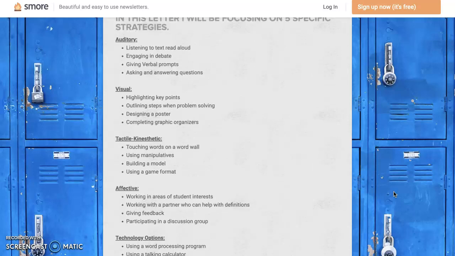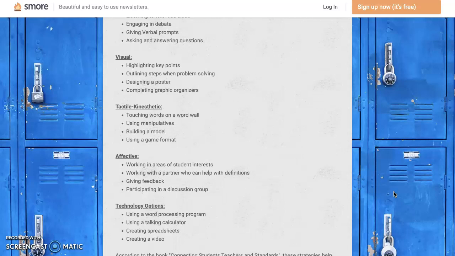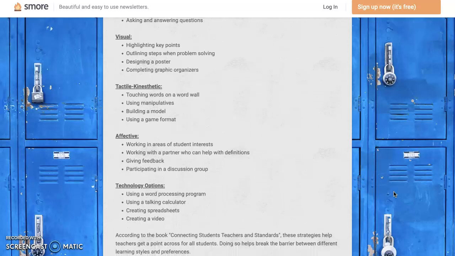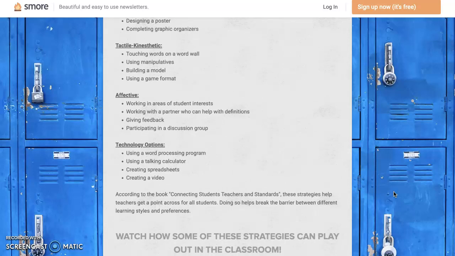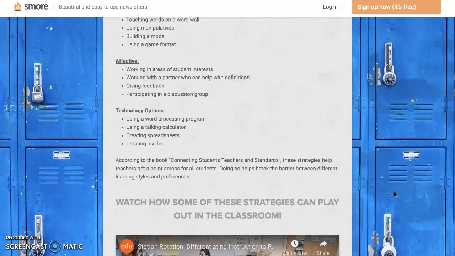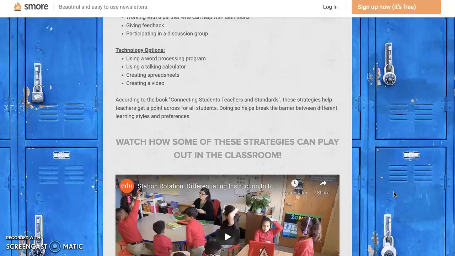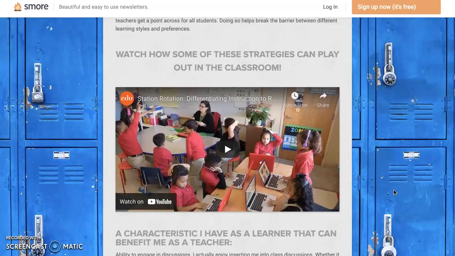Auditory, listening to read alouds. Visual, highlighting key points. Tactile, touching words on a word wall. Affective, working in areas of student interest. That's like a major one. Technology options, using a word processing program or a talking calculator.